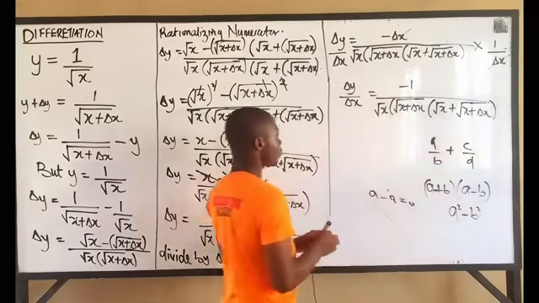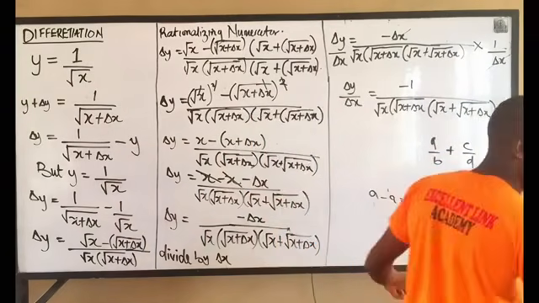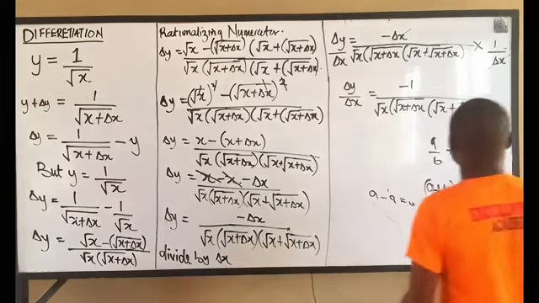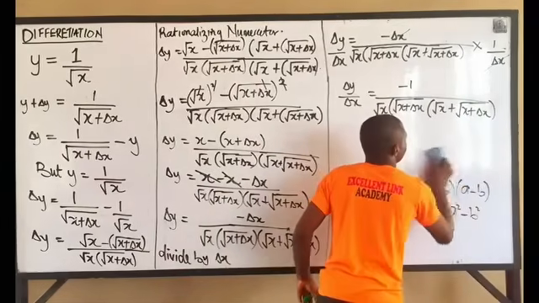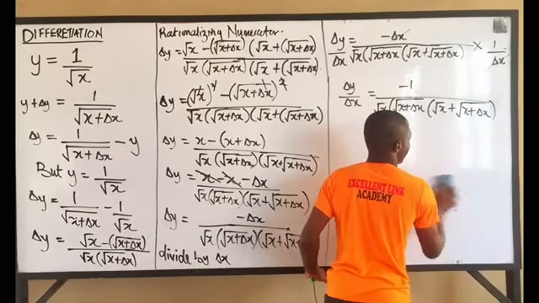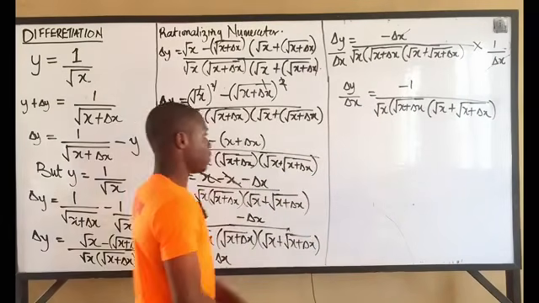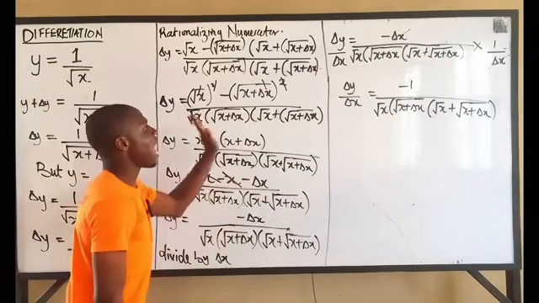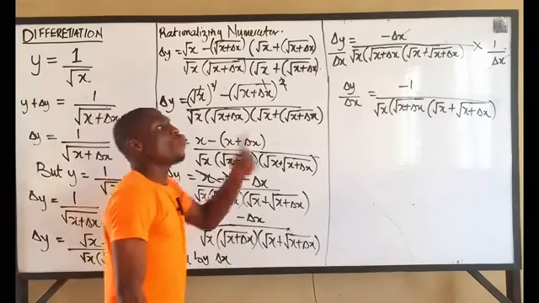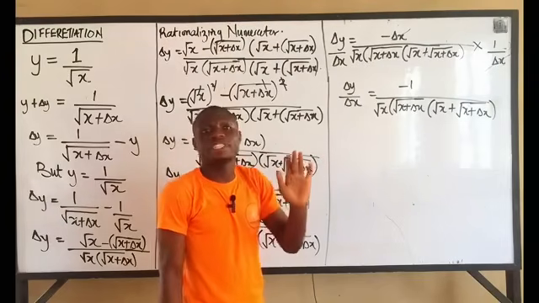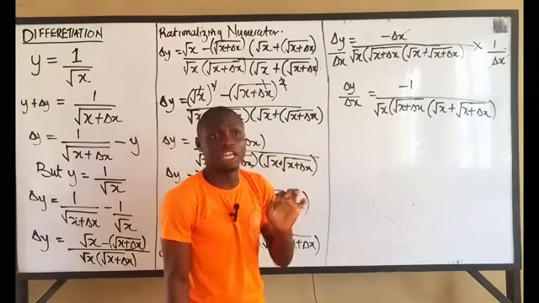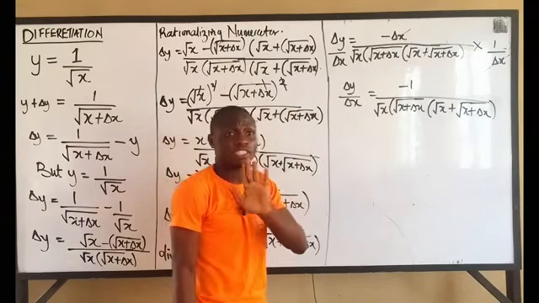So from here now, look up please. What do you do next? I remember change in x. We said whenever you divide by change in x and you are still left with change in x, you take the limit of change in x to 0.